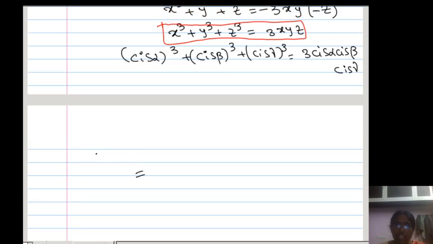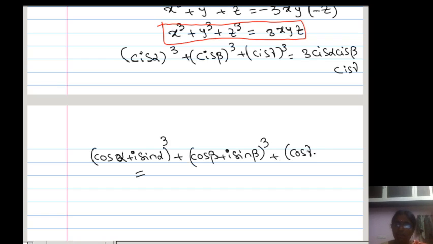Otherwise cis alpha I can write as cos alpha plus I sin alpha whole power 3, plus cis beta means cos beta plus I sin beta whole power 3, cis gamma means cos gamma plus I sin gamma whole power 3. This is the LHS. What about RHS? 3 into cis alpha cis beta cis gamma, I can write as cis of alpha plus beta plus gamma.